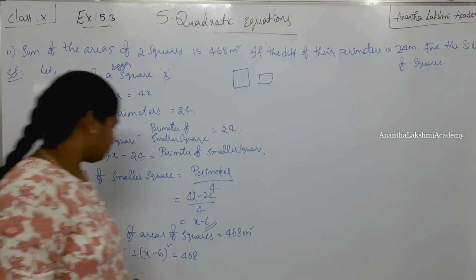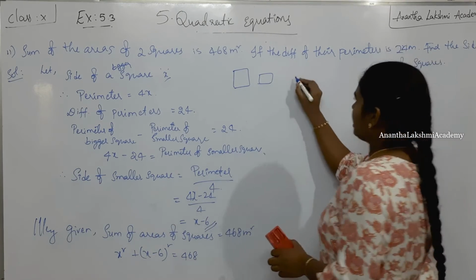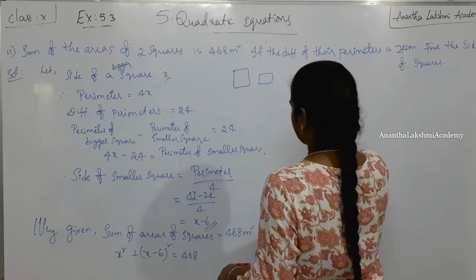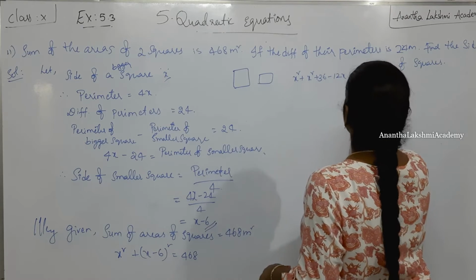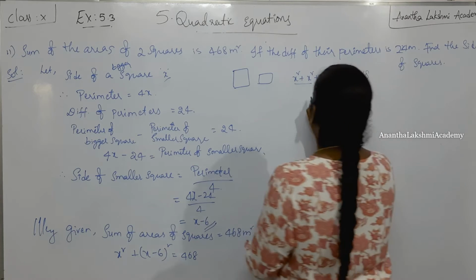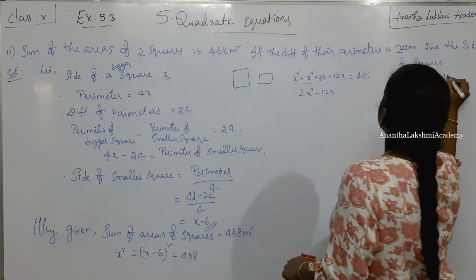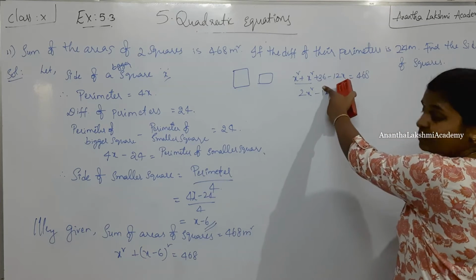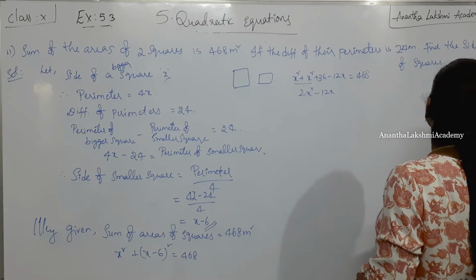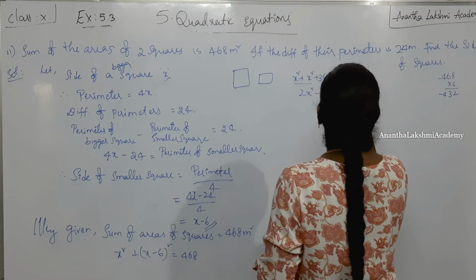Let us simplify this equation. Expand a minus b whole square: x square plus 36 minus 12x is equal to 468. How many x squares have you got? 2x squares. 2x square minus 12x. If you take 468 this side, it becomes minus 468 plus 36, so this is going to be minus 432.